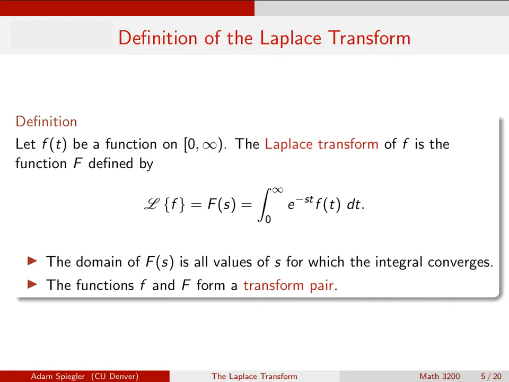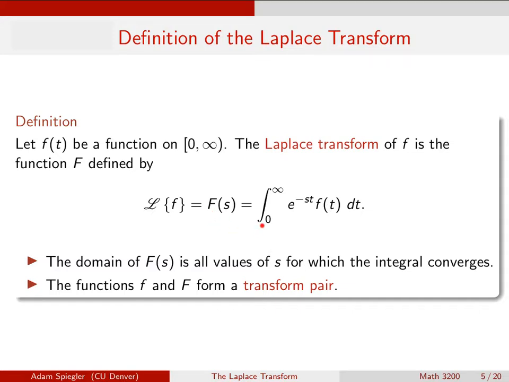Then we define the Laplace transform of this function, which we denote with this script L. So we're going to apply the Laplace transform to f, and we oftentimes denote this with a capital F. Just like when we integrate things, we oftentimes denote an antiderivative with a capital letter. When we apply the Laplace transform, it's an integral operator, so the result that we get out, we're going to denote with a capital F.